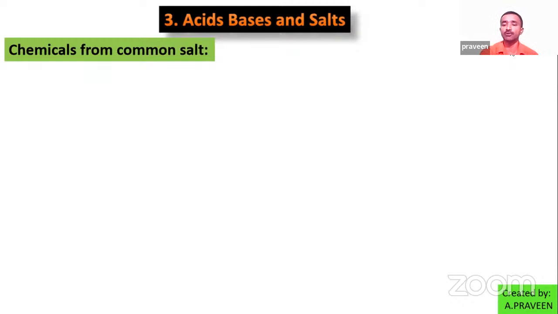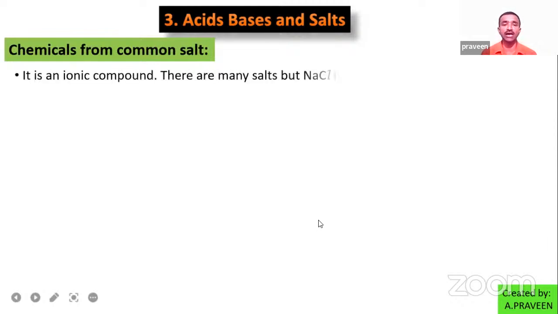So what are you able to produce from the common salt? What is common salt? It is an ionic compound that is produced by the neutralization reaction between the sodium hydroxide base and HCl acid. So a strong acid and strong base reaction is producing the common salt.